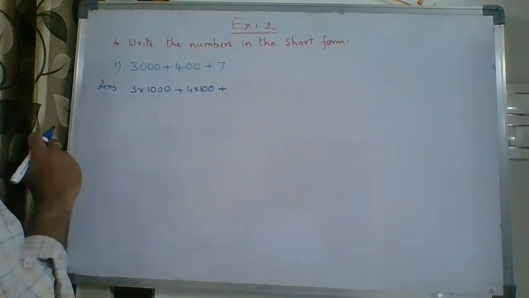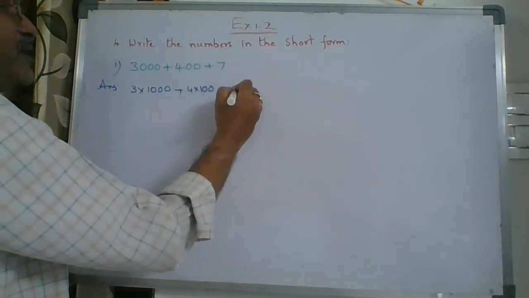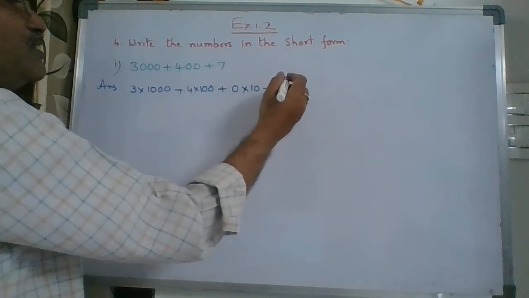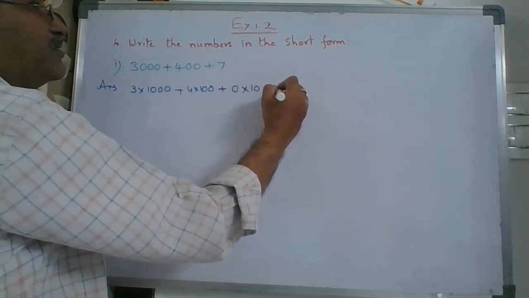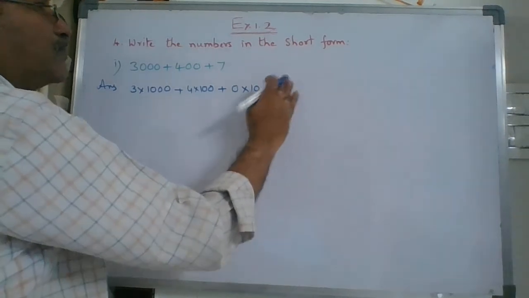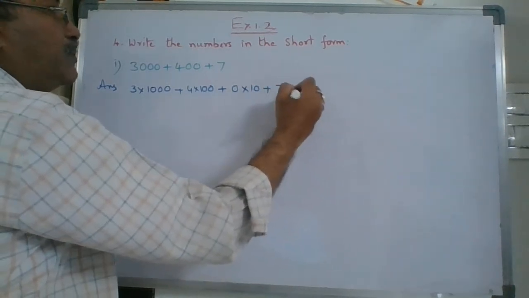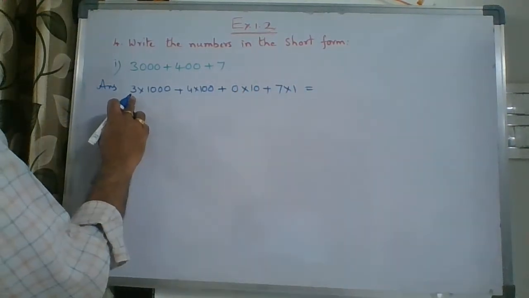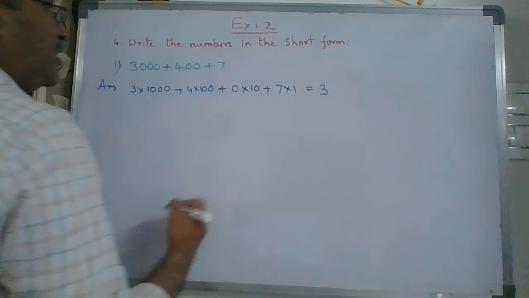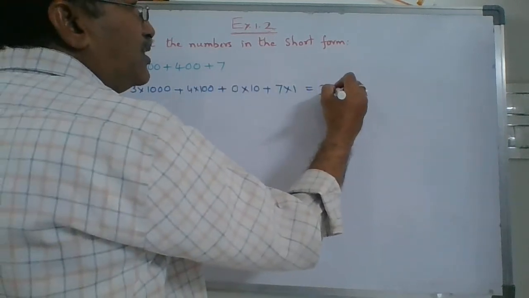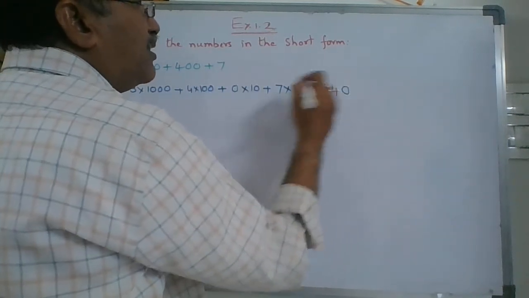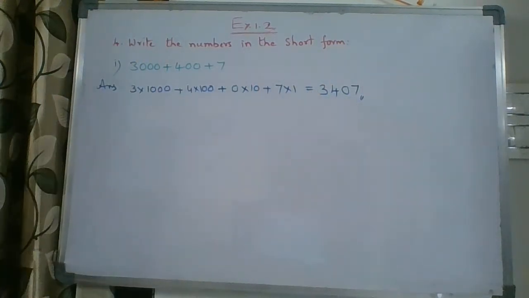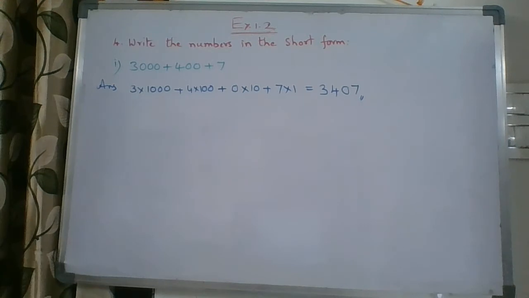Do we have tens place in this? No. Therefore, we write 0 into 10 plus, in ones place, 7, isn't it? 7 into 1. Now in short, 3 in thousands place, after that 4, after that 0, and then 7. This is the short form of 3000 plus 400 plus 7.